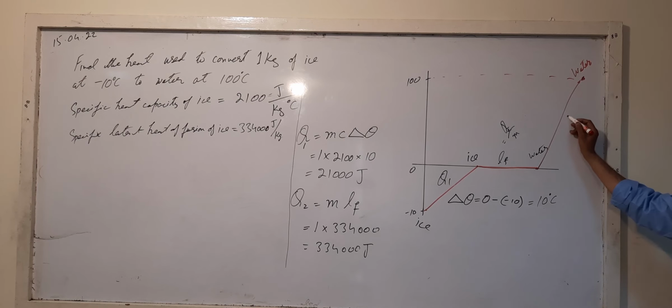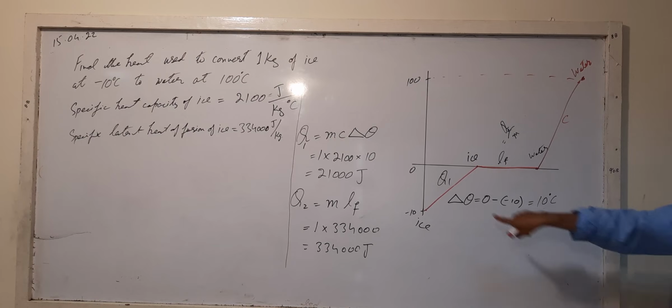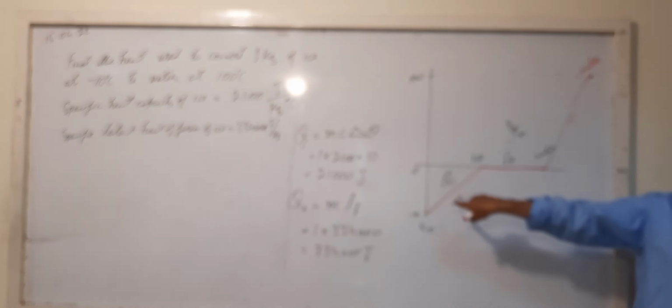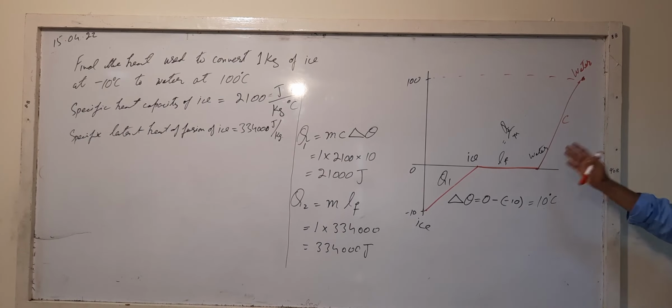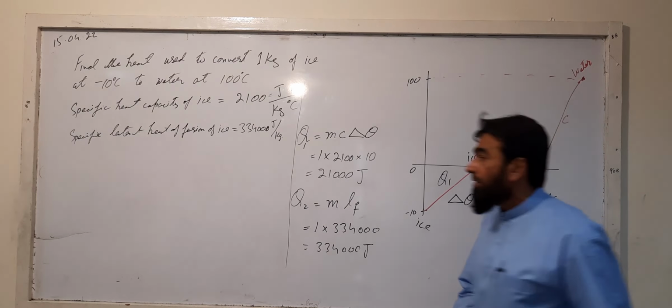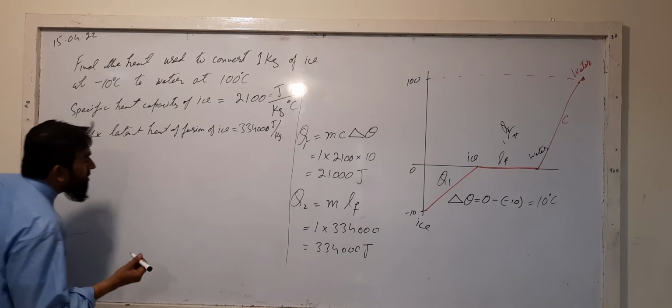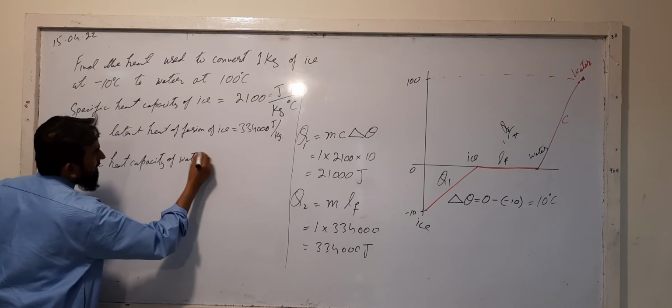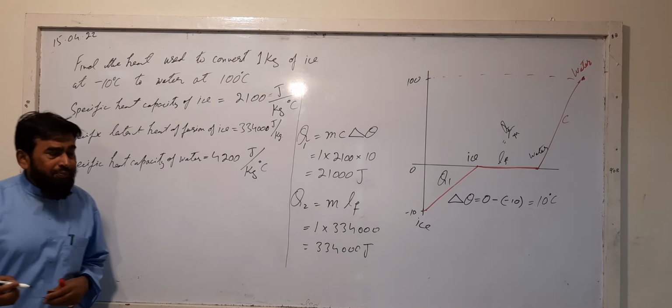So obviously you will have to apply the formula for the specific heat capacity of water. Here you were applying the specific heat capacity of ice, but now you apply the specific heat capacity of water, which is 4200 joules per kg degree Celsius or Kelvin.